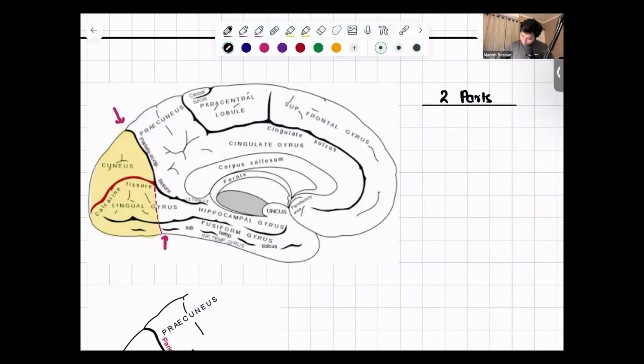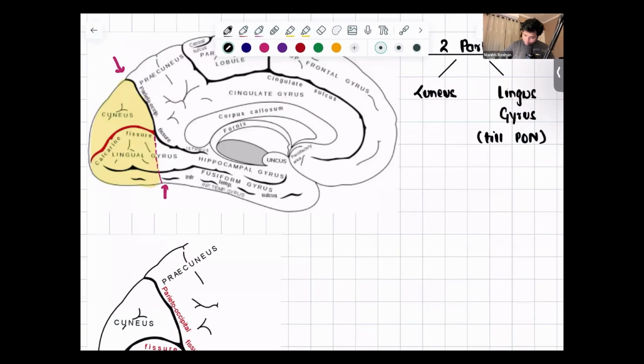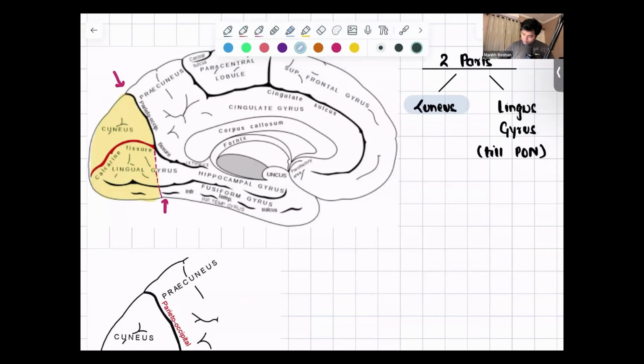Two parts: one is the cuneus and the second part is the lingual gyrus, till the pre-occipital notch. Like we have studied in the parietal lobe that there is a region called the precuneus, here in the occipital lobe we have the cuneus. Okay, remember this part, please.